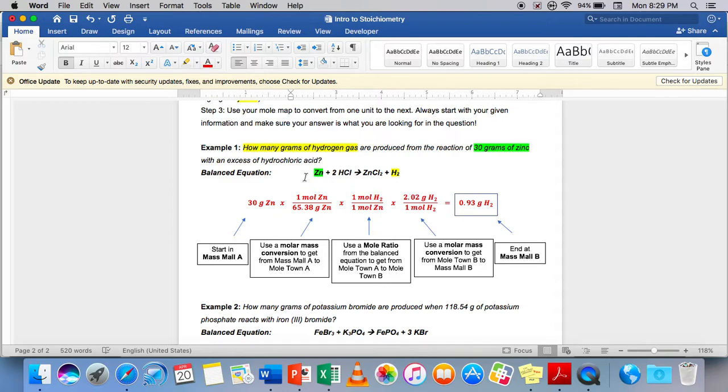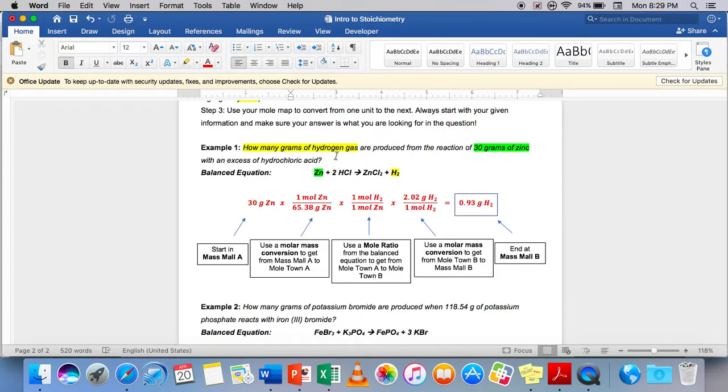So that is my starting material. Step 2 said to find your B. Find where you're going to end and highlight it yellow. You are going to find this in the question. How many or how much? Well, it says how many grams of hydrogen gas are produced. So that is my unknown.